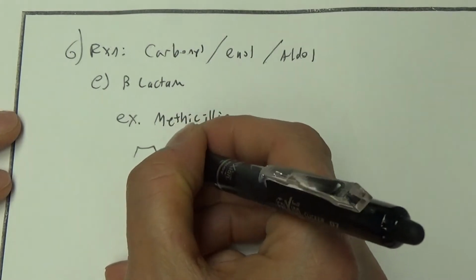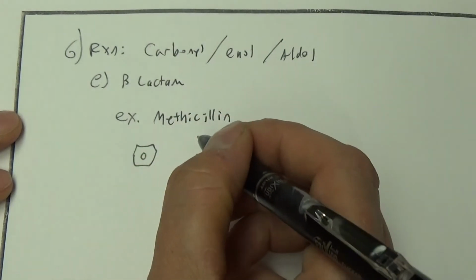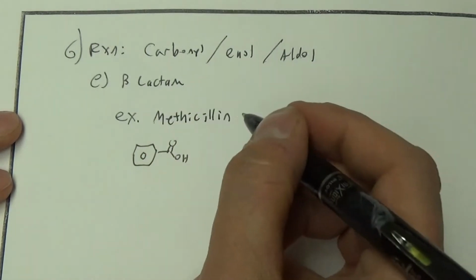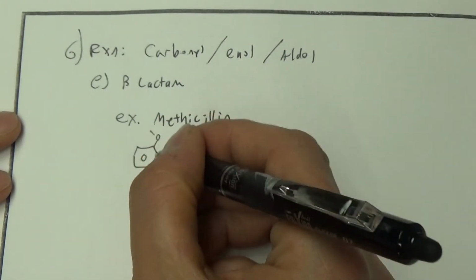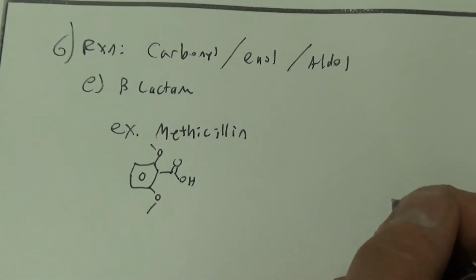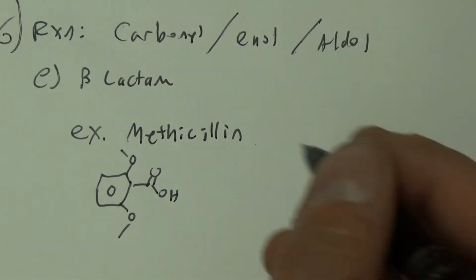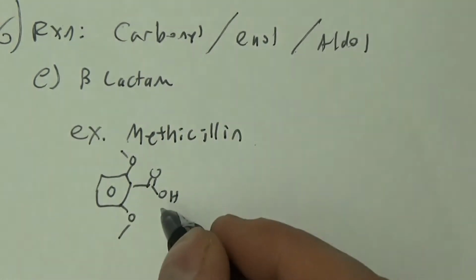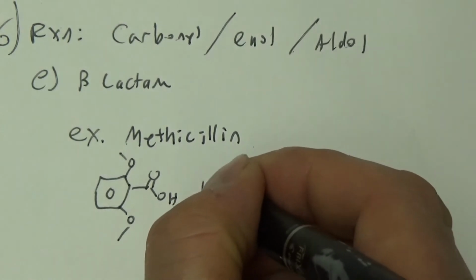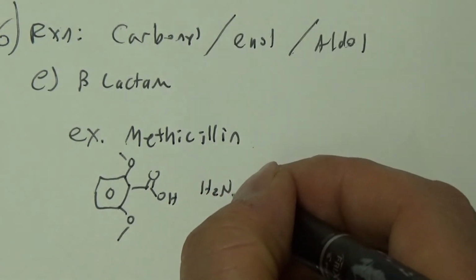In this example, though, I'm going to use this carboxylic acid. The benzoic acid with 2 methoxy groups, and rather than acid chloride, we're going to react it with H2N, the 6-APA.